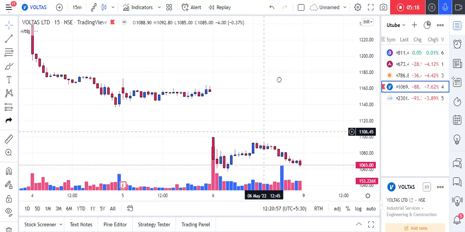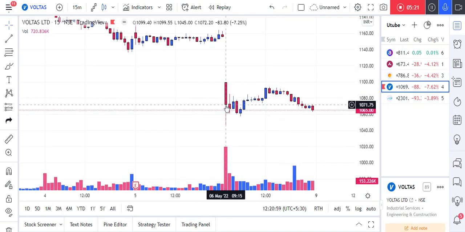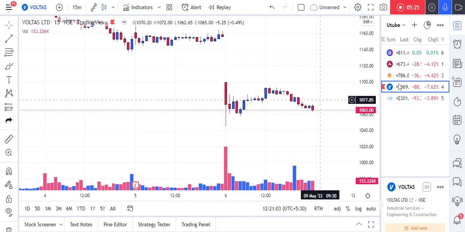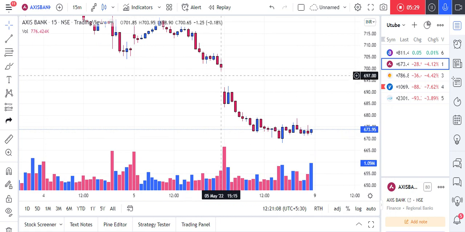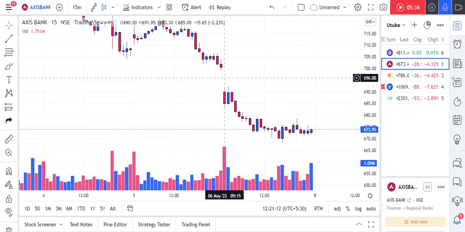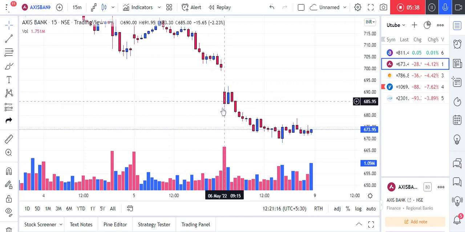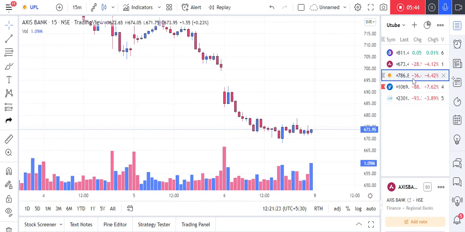And Voltas, since its first candle's high-low difference is very big, we are not taking a trade there also. And in Axis Bank, the two criteria are satisfied, that is the price closed below the previous day's low, and the candle is a bear candle, and the first candle is not that big, so we can take this trade.